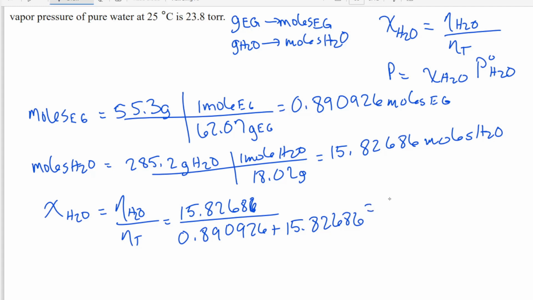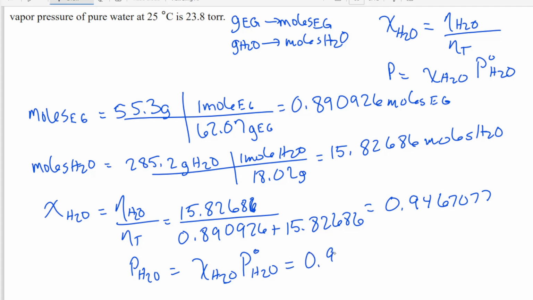So that's equal to 0.946777. And so that leads us to the vapor pressure of the solution, which is due to the water, being equal to the mole fraction of the water times the vapor pressure of pure water. So that's equal to 0.946777 times 23.8 torr. And so that's equal to 22.5 torr.